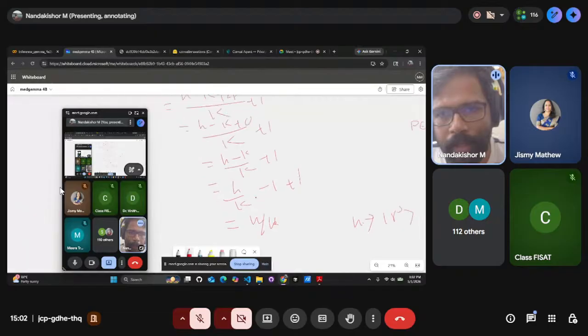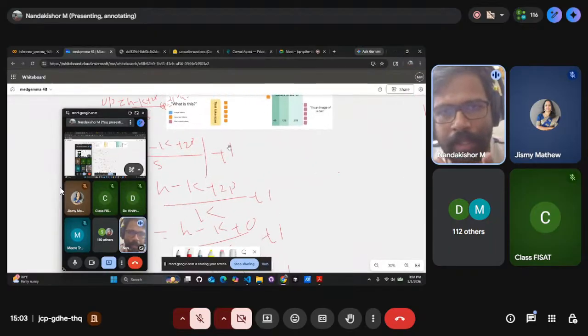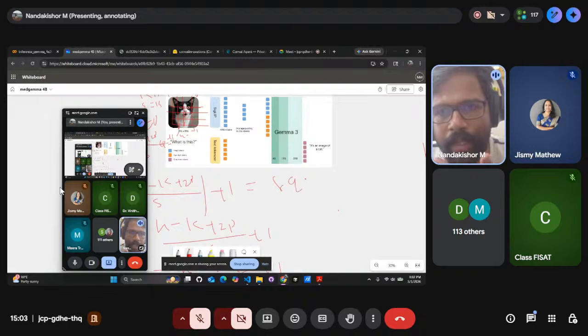That's how it actually works. Not this part, that's from my side. So the equation is here, both of them equal. Then that means h by k, that is 896 by 14, which is equal to 64.